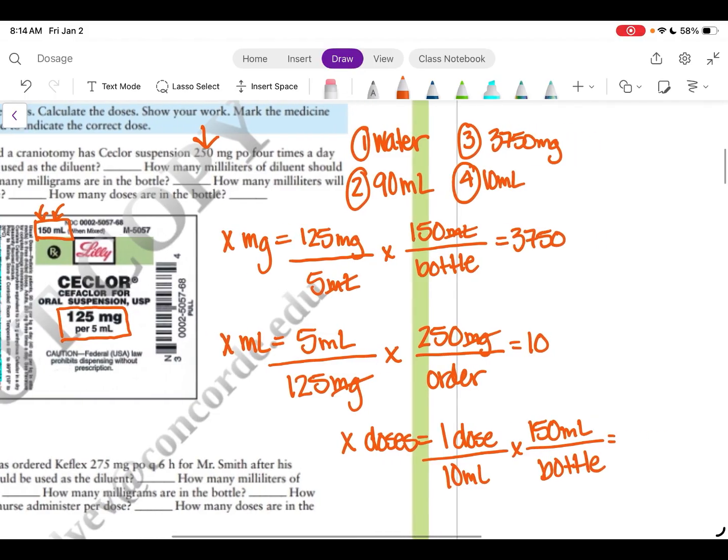And so 150 divided by 10, right, is going to give you 15 doses. And that's our answer to the final question. 15 doses.